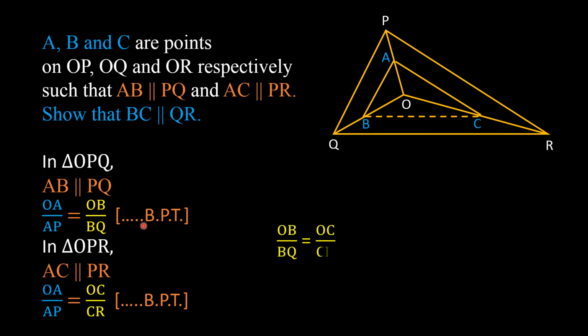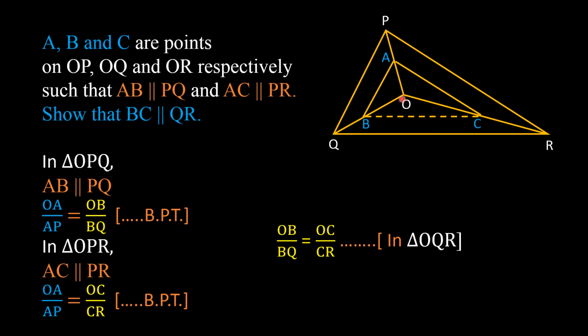Now, in these two ratios, the left hand side is equal. Therefore, we can equate the right hand side. So we will write OB divided by BQ equals OC divided by CR. This is in triangle OQR.